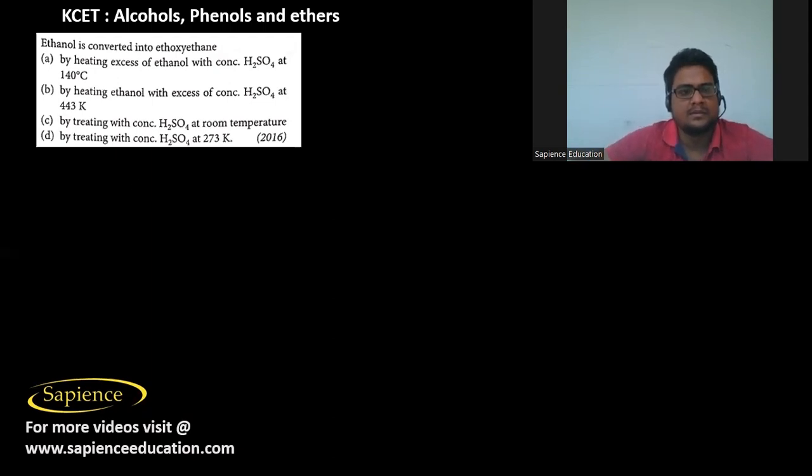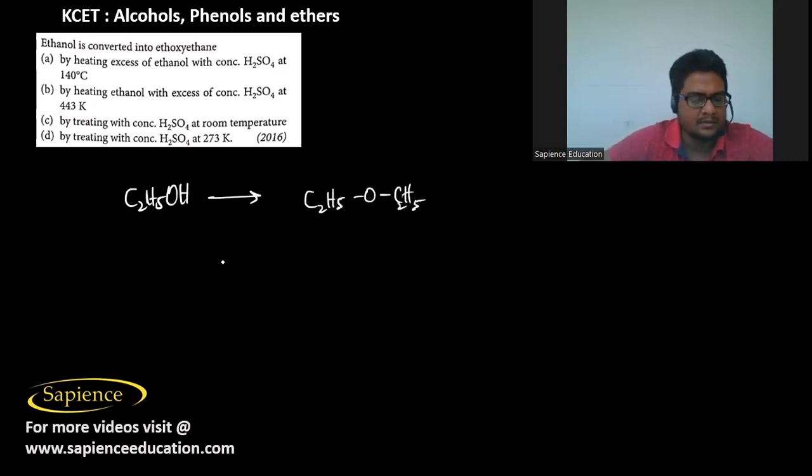Then here it is told that ethanol, C2H5OH, is converted into ethoxyethane by heating it in concentrated H2SO4 at 140 °C.